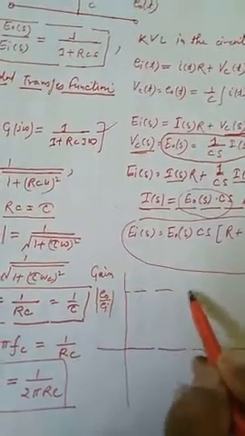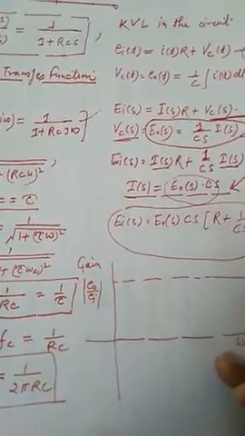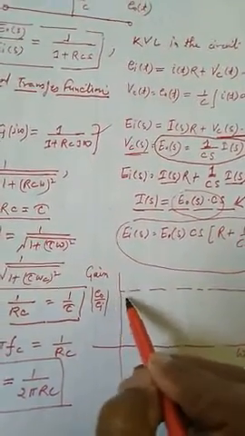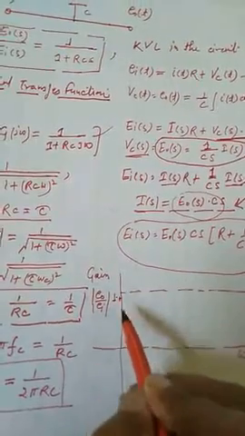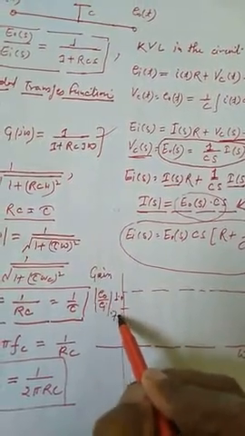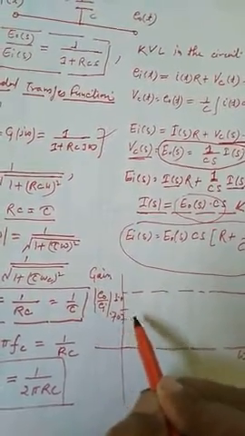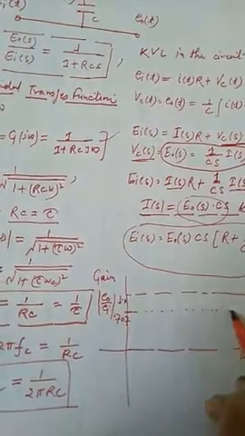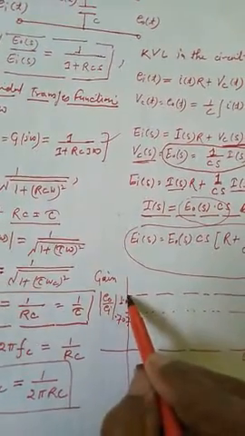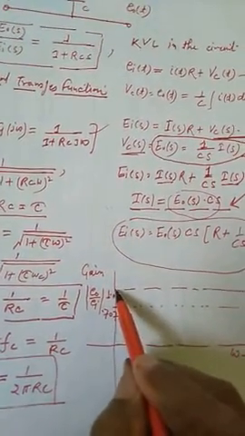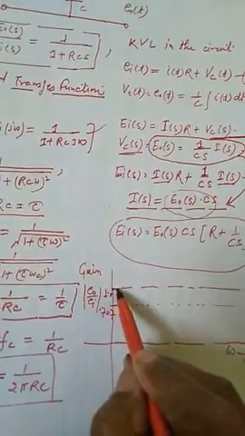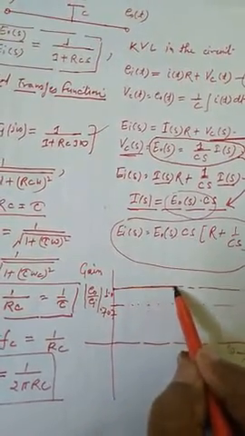The required gain is 1.0, and this is the gain at the cutoff frequency. So the frequency response of the low pass filter will be like this.